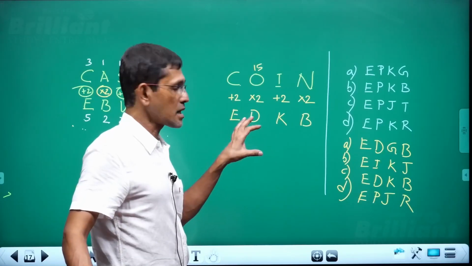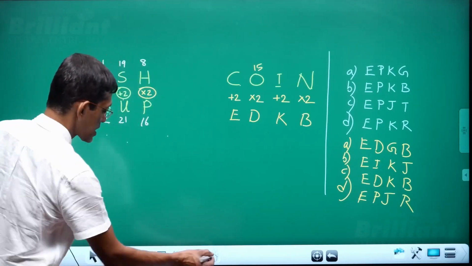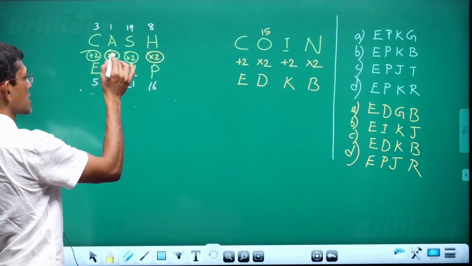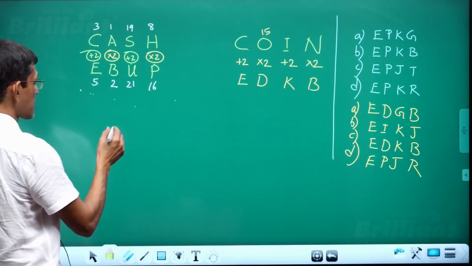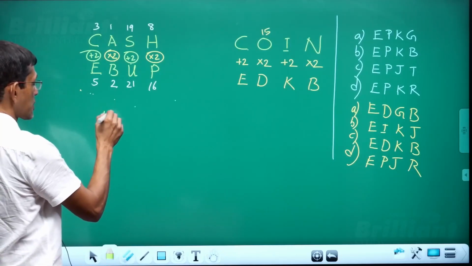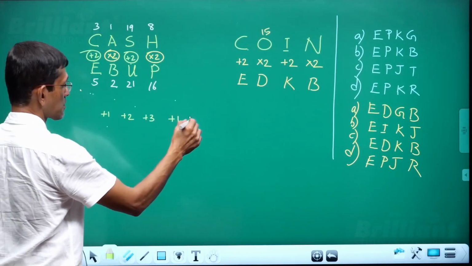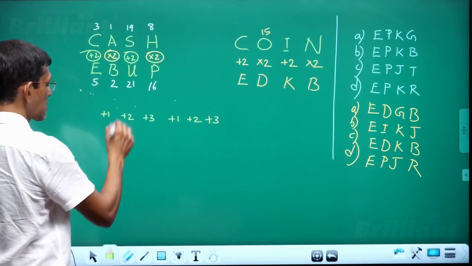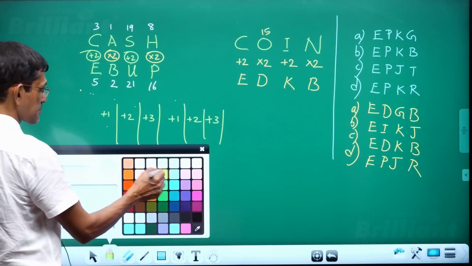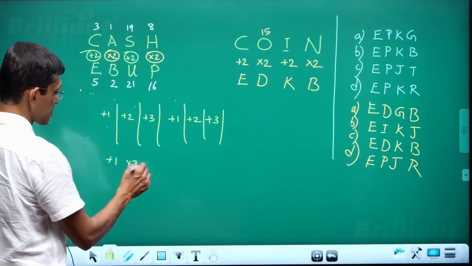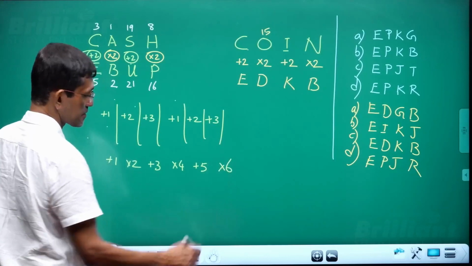Ultimately, what we are doing right here is trying to find out different possible patterns. Sometimes the patterns could be like plus 1 into 2, plus 2 into 2, plus 2 into 2. Sometimes for some other words you may get patterns like plus 1, plus 2, plus 3, then the pattern repeats. So if it is a 6-letter word, plus 1, plus 2, plus 3, plus 1, plus 2, plus 3. Sometimes it would be like plus 1 into 2, plus 3 into 4, plus 5 into 6.